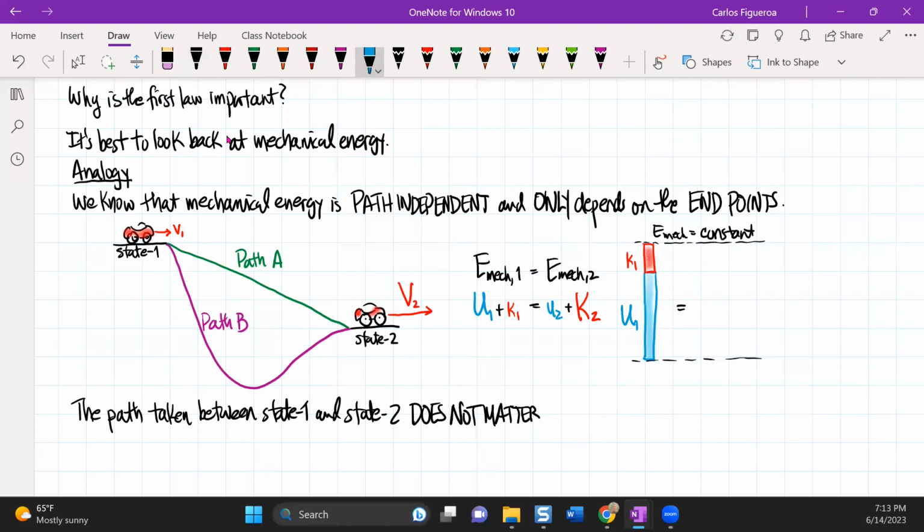So if all of a sudden I have this amount of potential energy, then we have no choice but to have this amount of kinetic energy. And all we know is that this total mechanical energy is a fixed quantity. It's a constant of the motion. And that's what we mean by work being done by a conservative force.